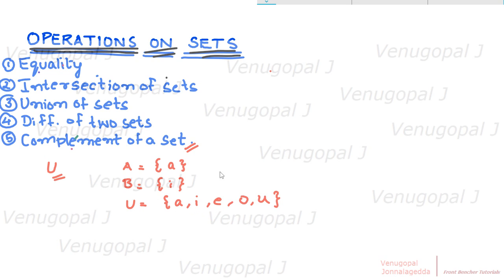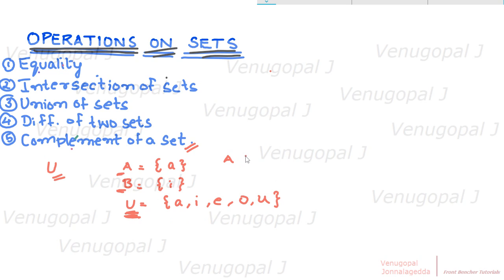So you will see that the sets A and B are subsets of the universal set U. That makes this set U a universal set. So these are the sets under consideration which are subsets of this main set U, which has the vowels of all the English alphabets.